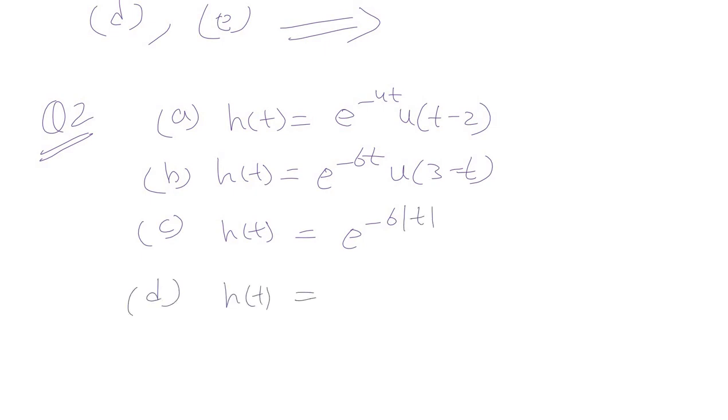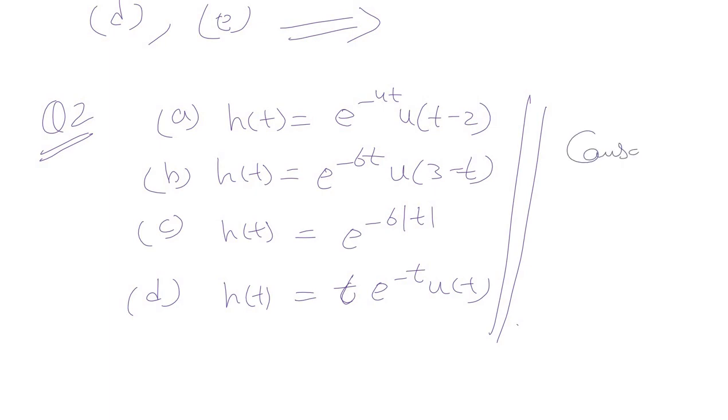Last one is h of t equals t times e raised to power minus t, u of t. Four systems are given with the following impulse responses. Comment on the causality and stability of the systems.